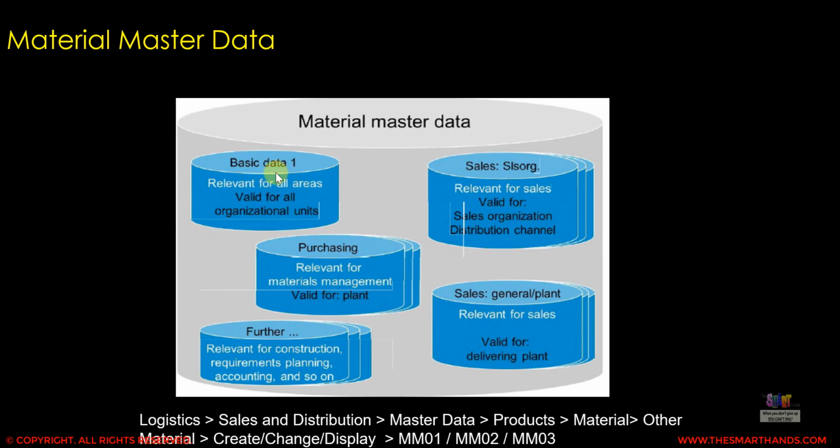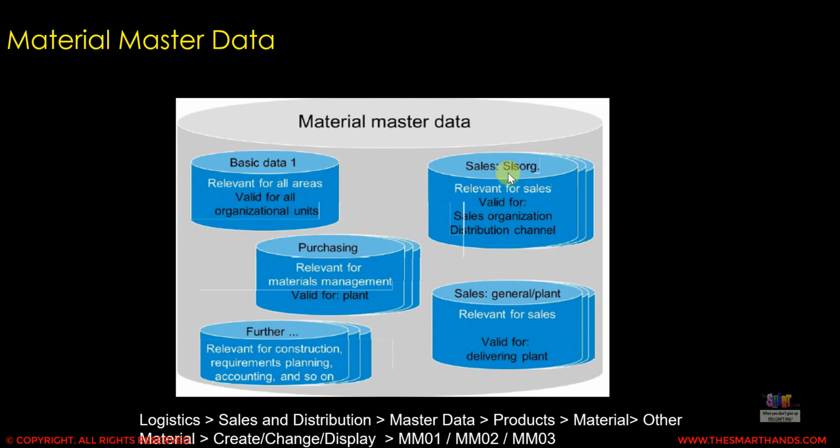So here, if you look at this screen, I have given some examples of the different data that we can maintain. For example, one is called basic data. This is relevant for all departments, like product name, product description, base unit of measure. Then we got some sales specific data, which is linked to a sales organization or a distribution channel.